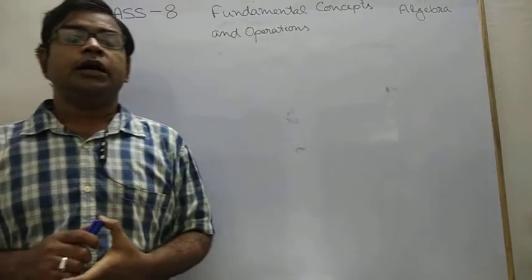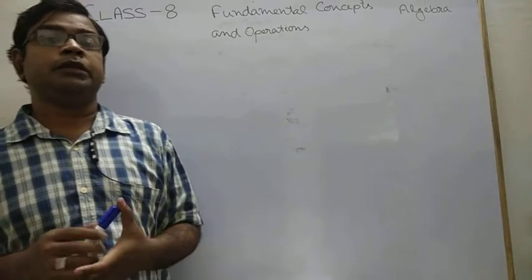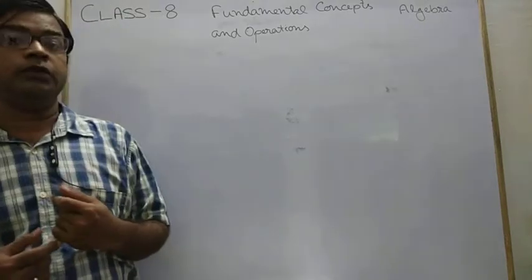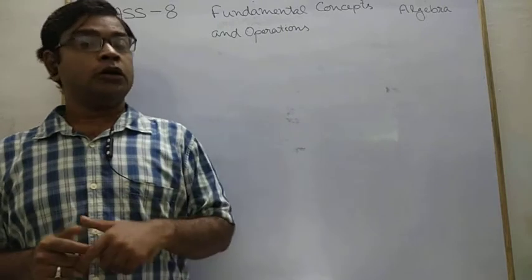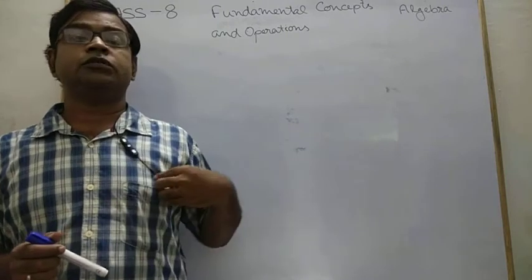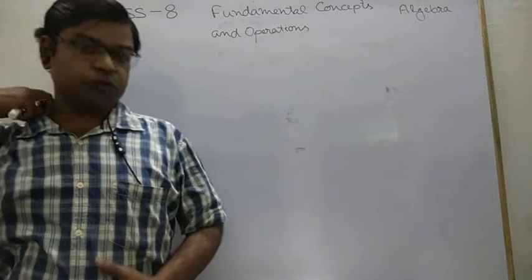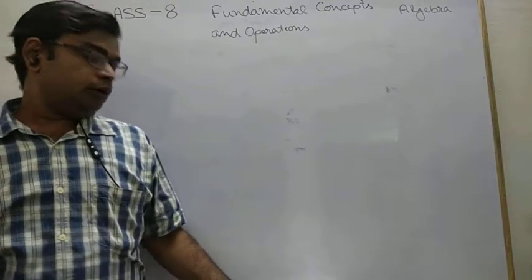As you know, algebra is a part of mathematics where we have some unknown quantities and we are going to find out the values of those unknown quantities, and this one is known as your variable. I hope it's clear to you about variable.